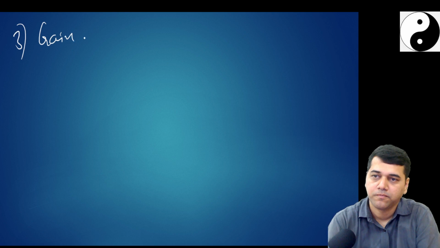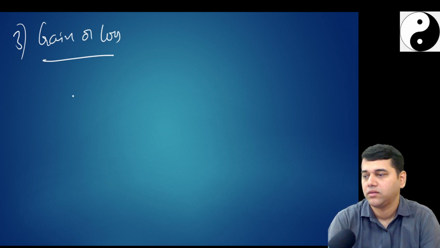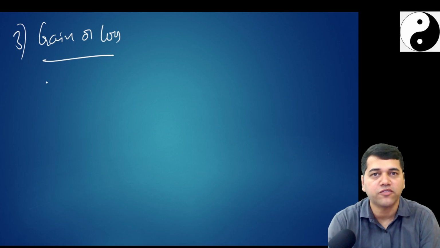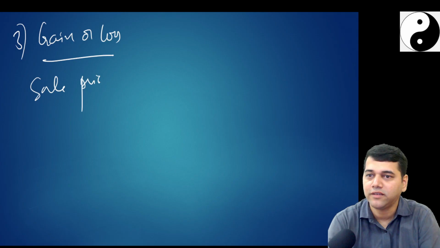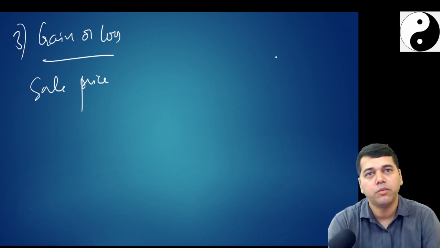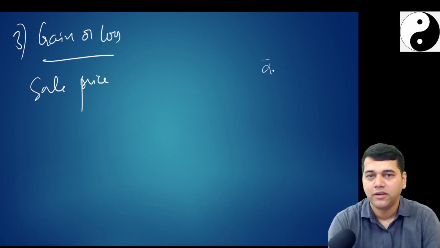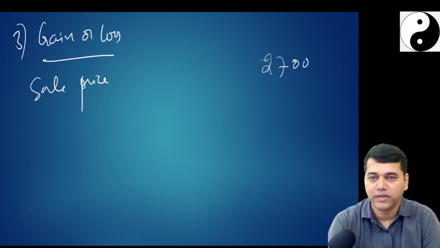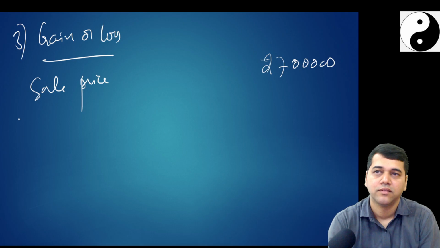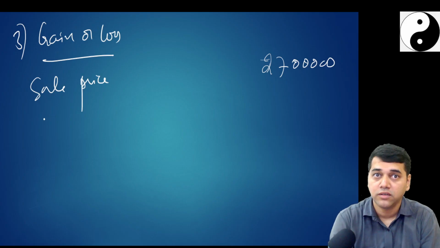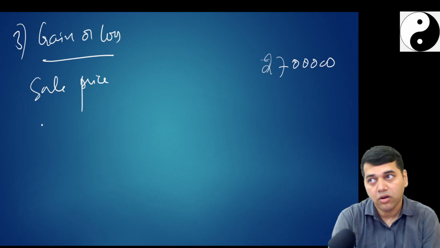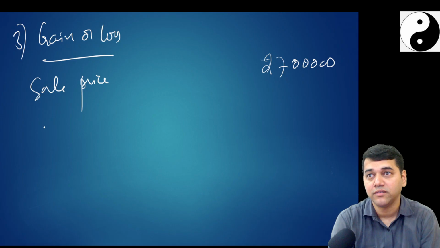Third, we will calculate the gain or loss. My gain or loss starts from where? Sale price. This is our time immemorial thing. How much? 27 lakhs. Is this 27 lakhs fully received for the asset, or is something financing sitting in it?